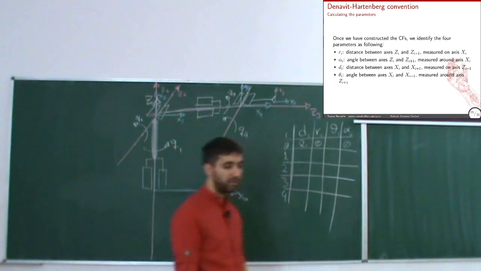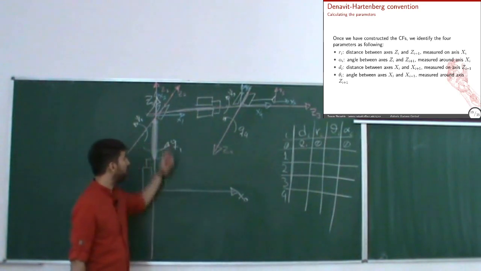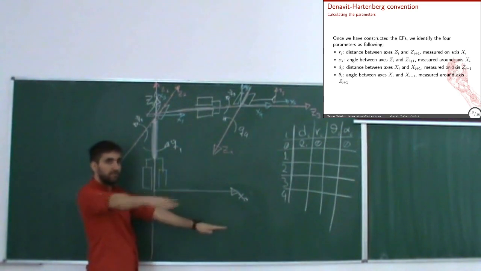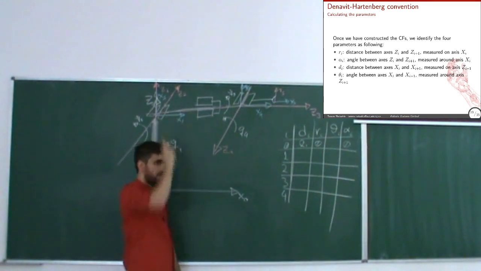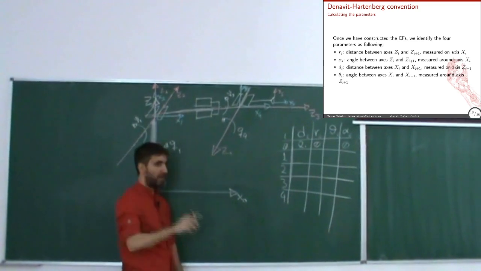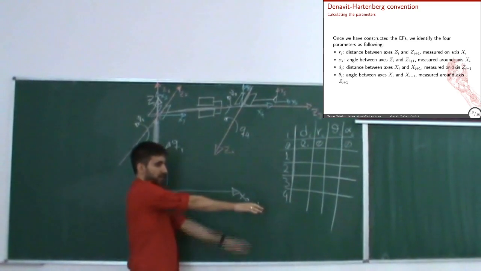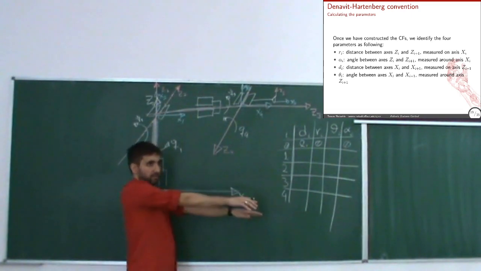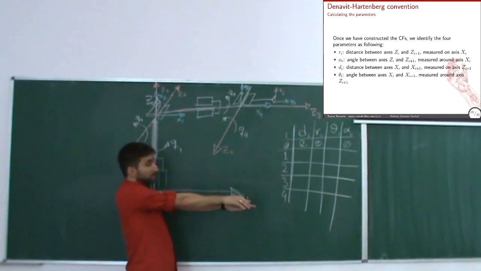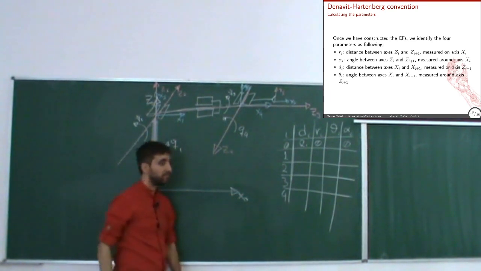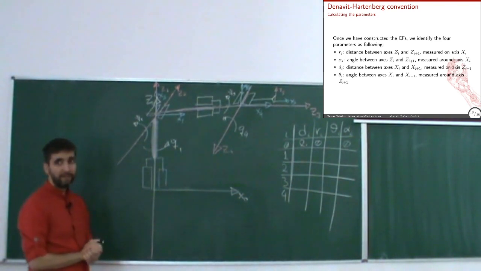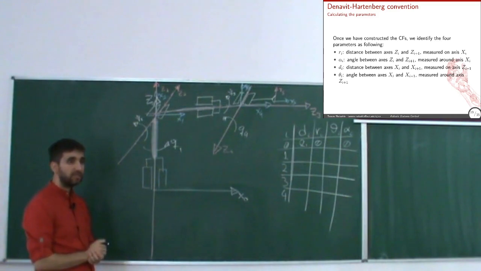So what is this angle between x0 and x1 around z i plus 1? So it's basically this angle. Around z1, x0 is here, and x1. Is it 0? It's not 0. Why is it Q1?